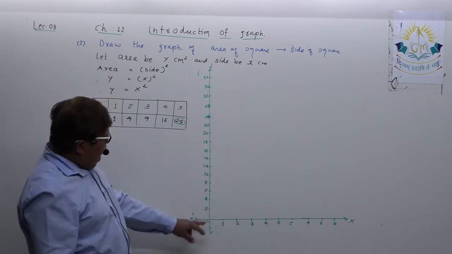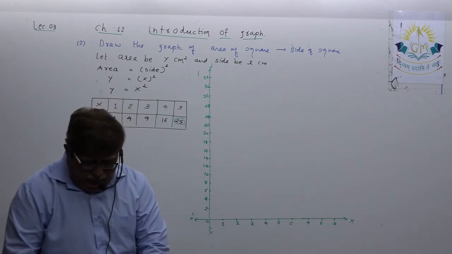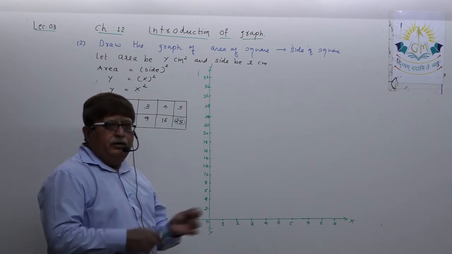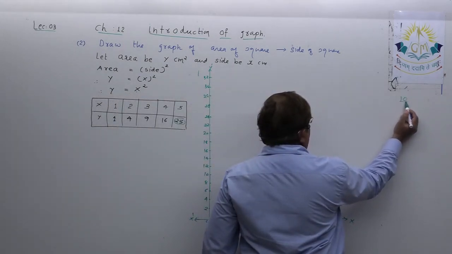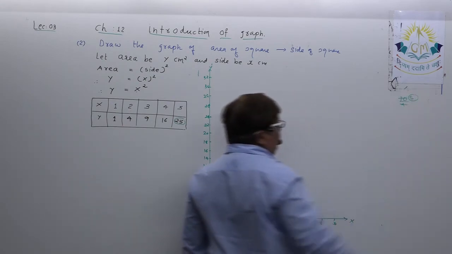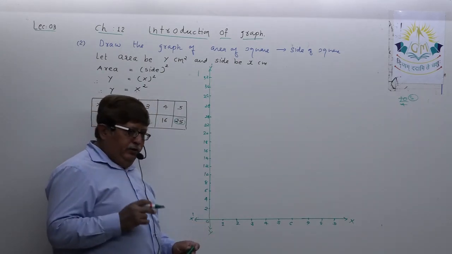I have taken 2 per box. So how many lines will constitute one? I already explained to you: 10 divided by the scale of 2 that I have taken. So every 5 lines will constitute one for us.